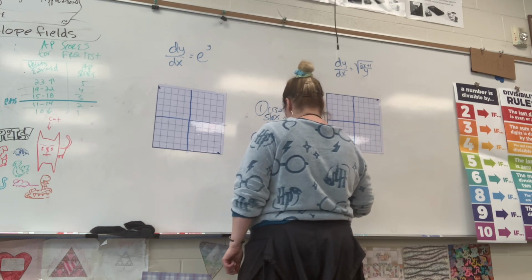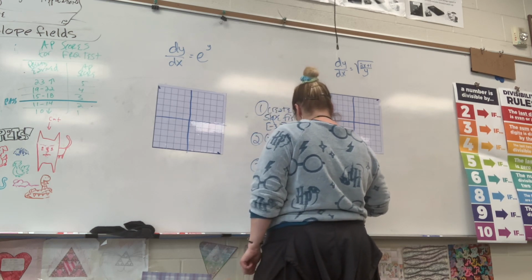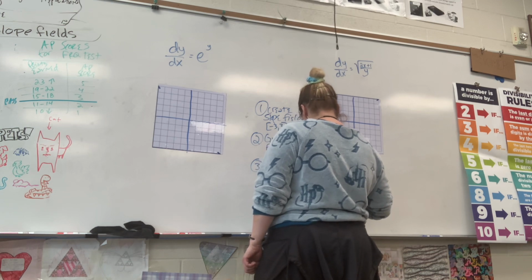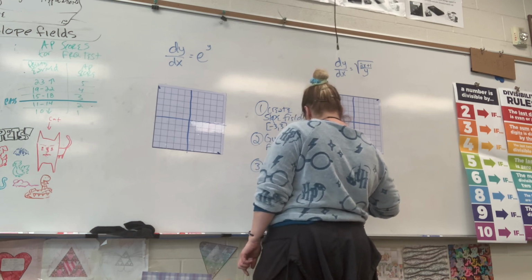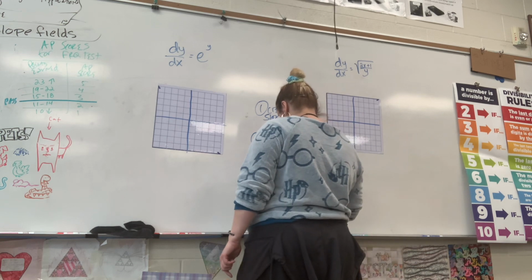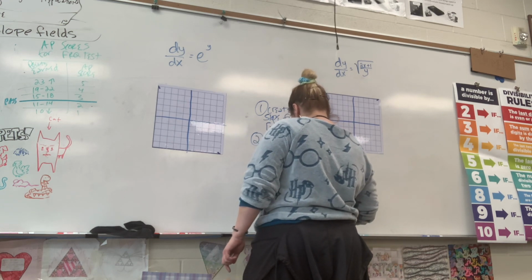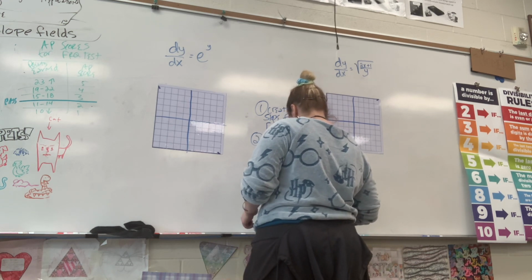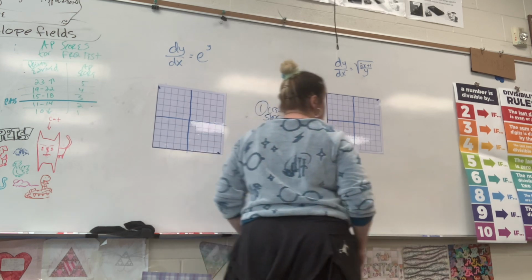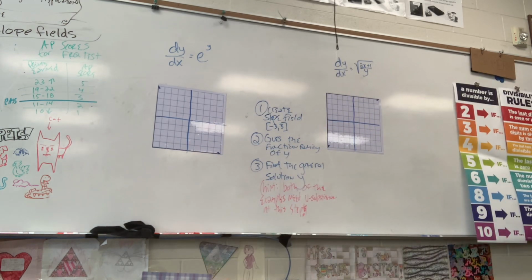So y value is negative 1, so then it'd be tiny. And then pretty much just flat. Almost flat.